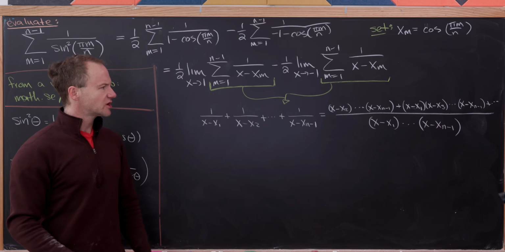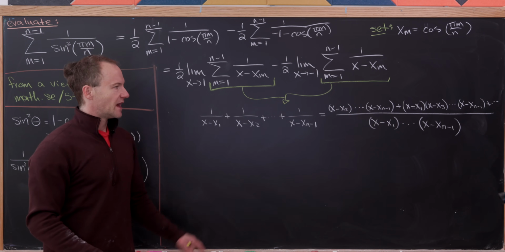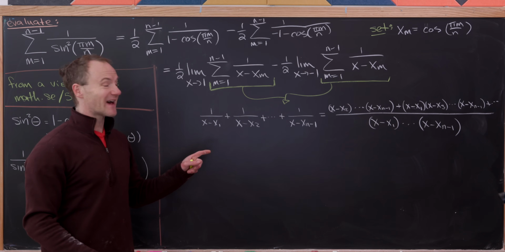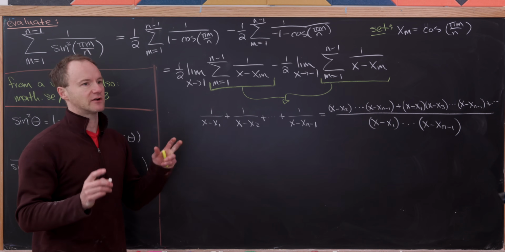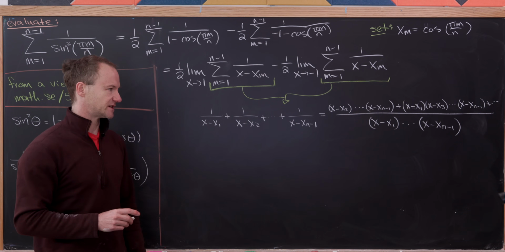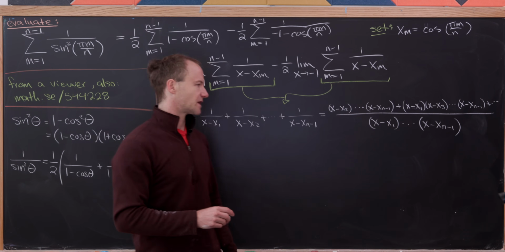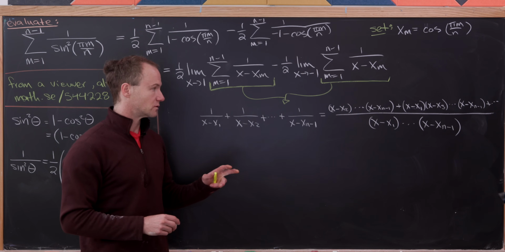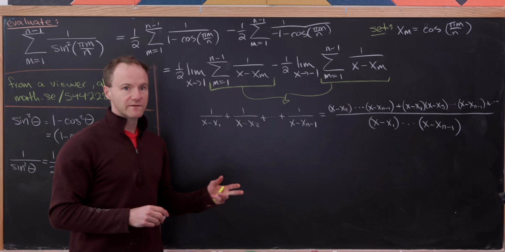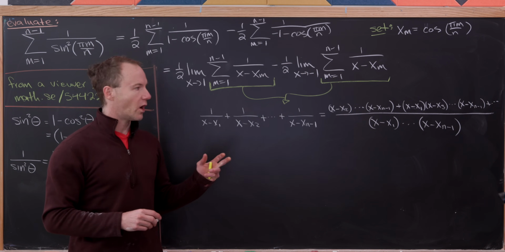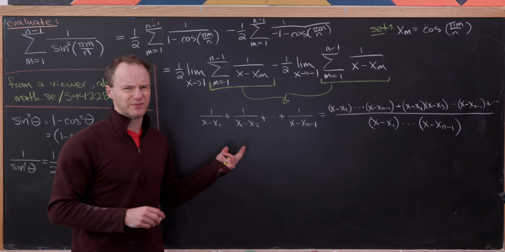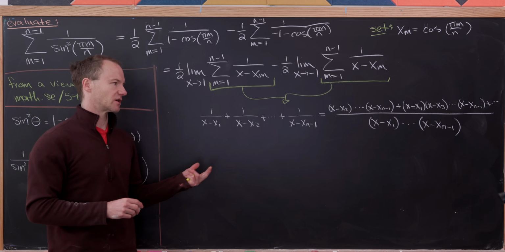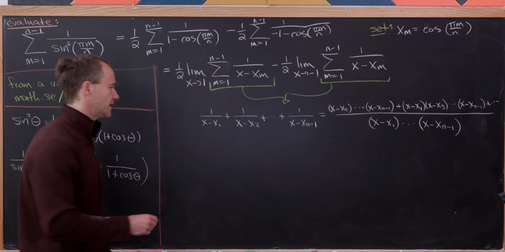But now let's look at that numerator. The numerator is in fact the derivative of the denominator, and that's the really important thing to notice here. So that denominator is a product. If we take the derivative by the product rule, one of those terms will disappear one at a time. That's because they're simply linear terms where the coefficient is 1.